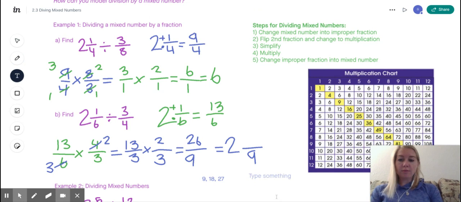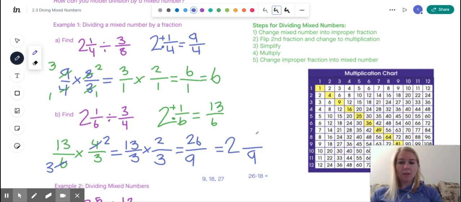So we take 26, which is the original numerator, minus the multiple of 9 that's as close to 26 as we can get, but not over, which is 18. So 26 minus 18 is... I need to find a calculator really quick. I don't have it written down. I don't want to be incorrect. So 26 minus 18 is 8. So 2 and 8/9.